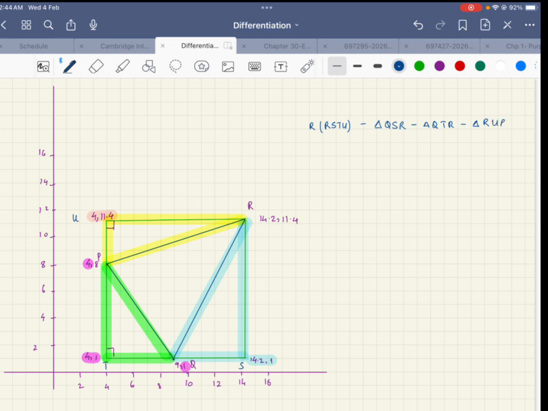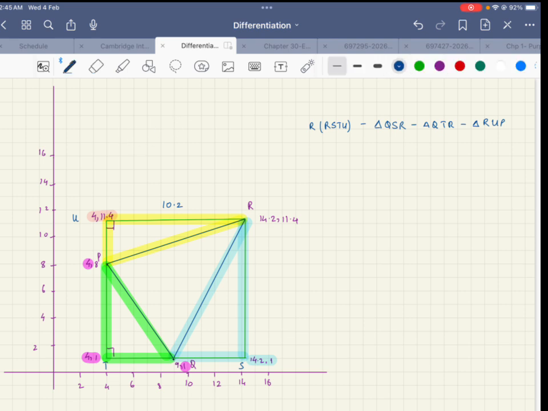How are we going to find the dimensions of this triangle? It has traveled from 4 to 14.2, which is 10.2. This is one dimension for the triangle. For a triangle we only need half into base into height. So here we have 10.2.